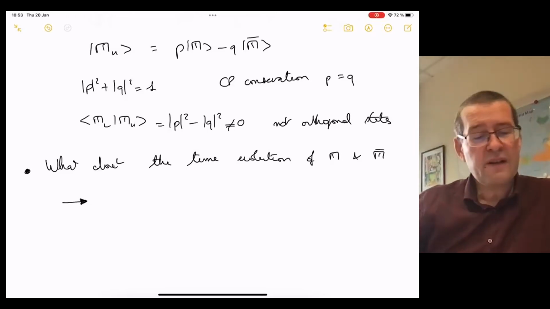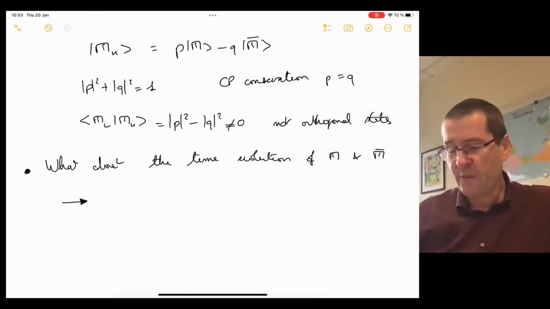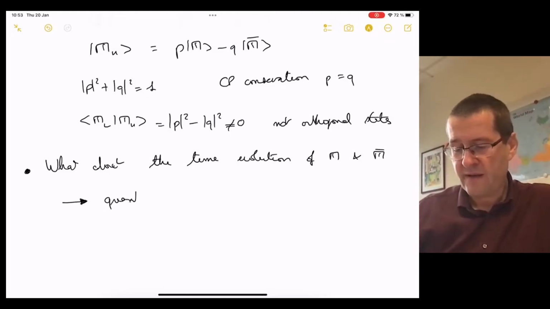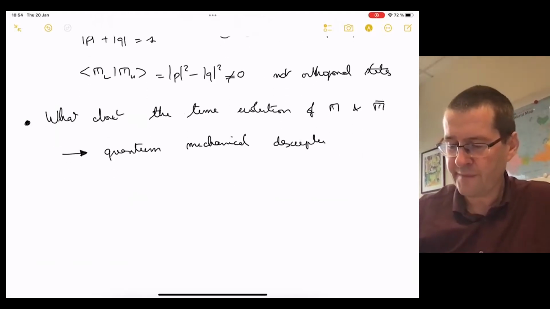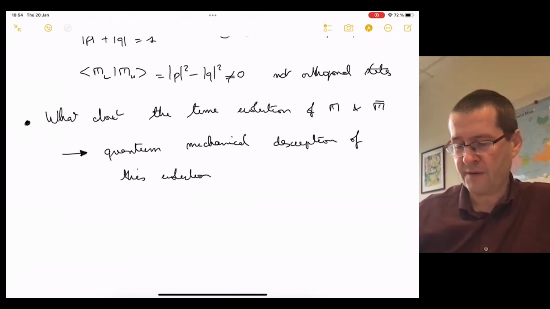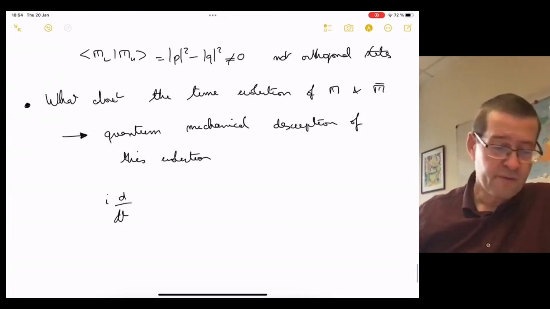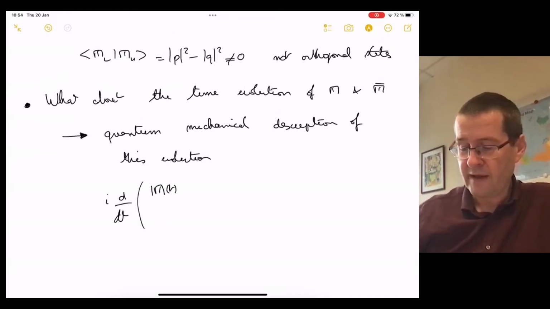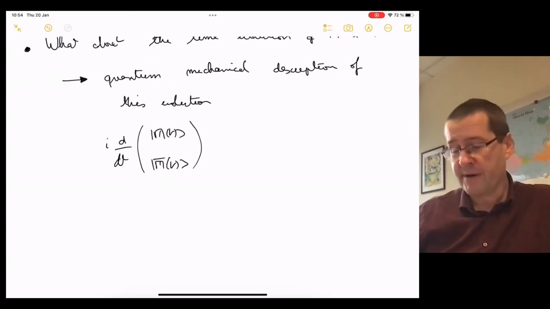And in general, you would say I need the whole theory in order to describe all this. So the point is that it proves much easier to have a quantum mechanical description of this evolution. In any case, we are really interested in the time evolution, so that's a good candidate for a quantum mechanical description. So you try to look at the description where you're restricted to M and M bar.